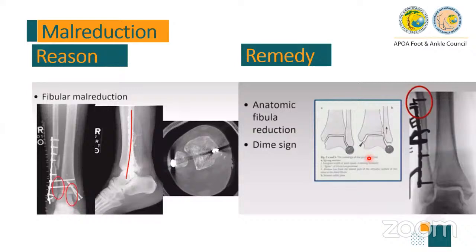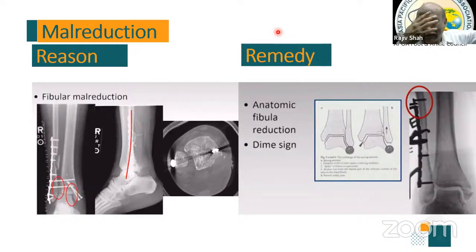Sir, if we dorsiflex the ankle and the talar dome comes in, can it prevent the overcompression? Not really. You could still over compress if you are using a clamp.